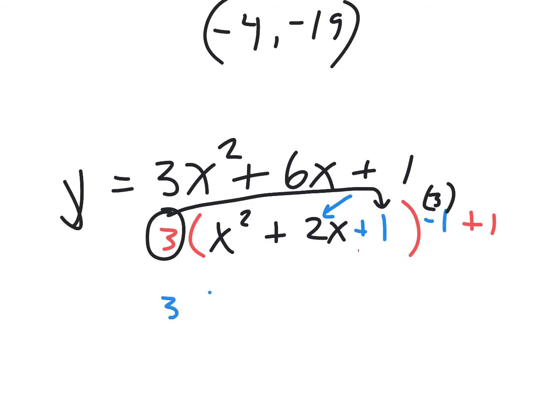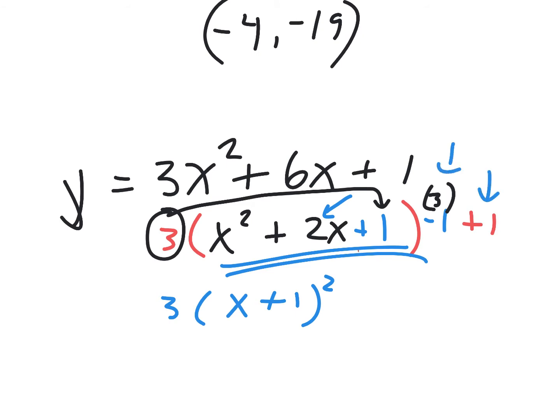Okay, now we have 3 parentheses x plus 1 quantity squared, because that's what this factors to. And then negative 3 plus 1 makes minus 2. And there is my new vertex, negative 1 comma negative 2. All it would take to lose points would be to forget that this was a negative 1 and not a positive 1, because you don't trust the inside.